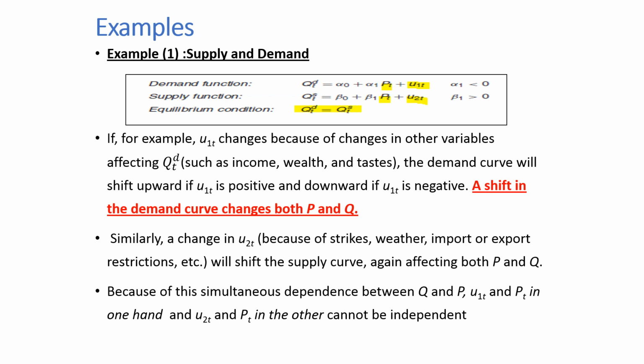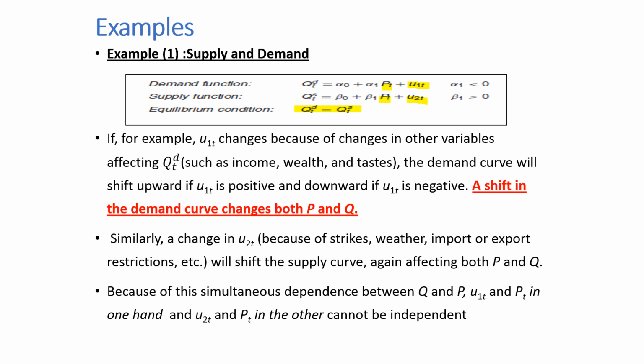And in turn, this will happen if any factor has been affecting u2t, any other factors except the price, including strikes, weather, import or export restrictions, any other factor that may affect the quantity supplied of a specific commodity, a shift whether upward or downward.